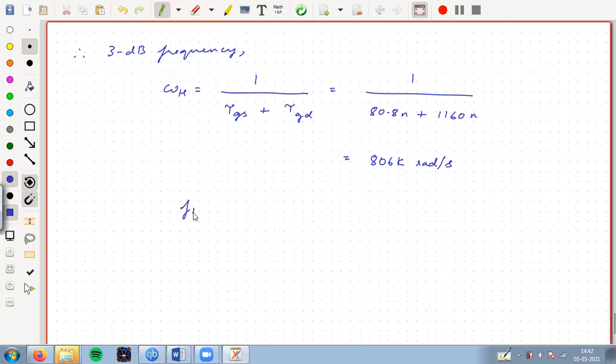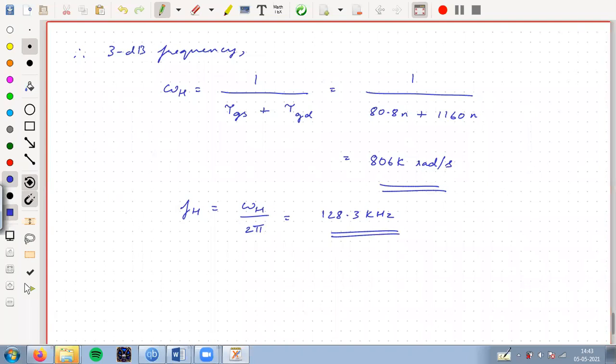So fh from this is omega h divided by 2 pi, which gives me 128.3 kilohertz. So this is the second part.